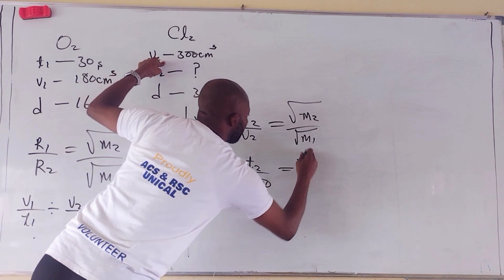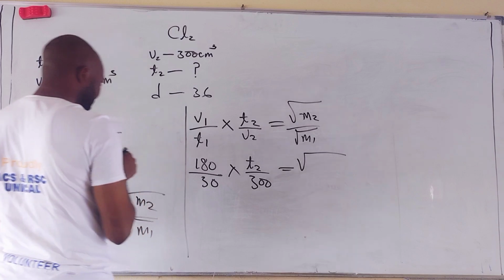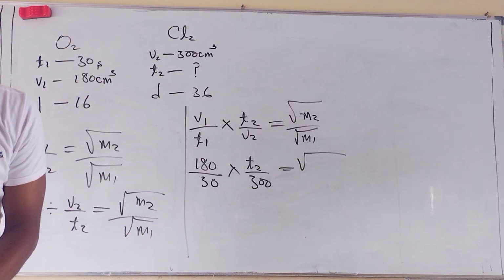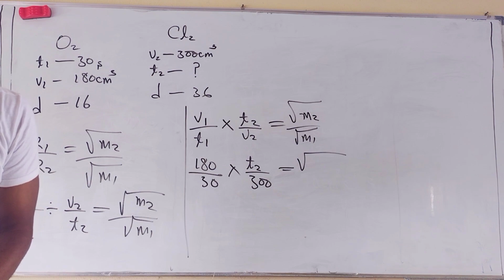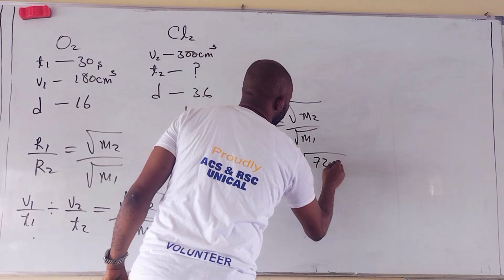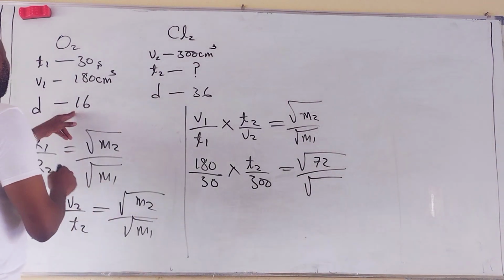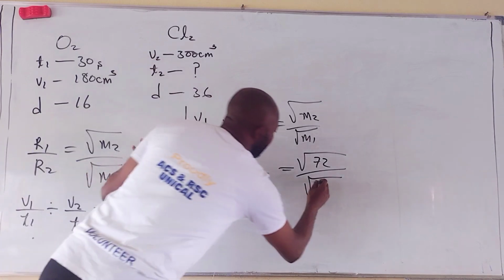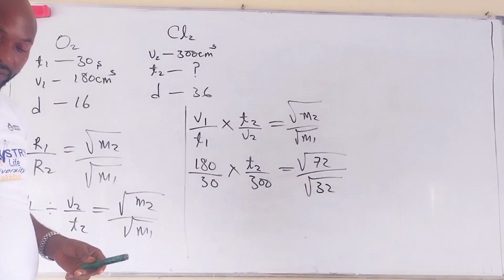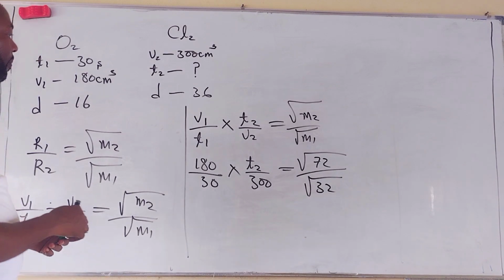This is equal to the root of M2, 36 times 2, which is 72, over the root of M1. 16 times 2 is 32. Yes, 16 times 2 is that.